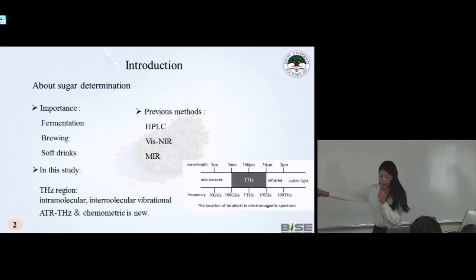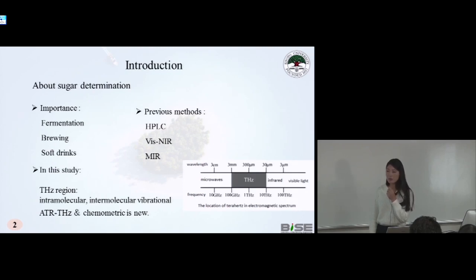As shown in this picture, the terahertz region is between microwaves and infrared waves. It has rich information about intermolecular and intramolecular vibrational modes of biological molecules.